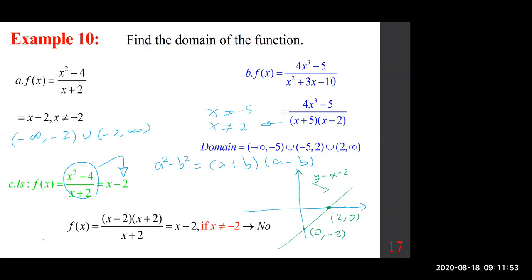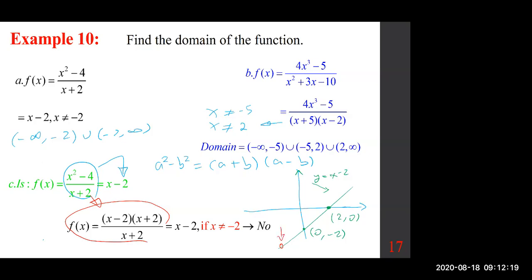However, if I want to graph this function, which is the same as this, at -2, somewhere here, we have a hole.